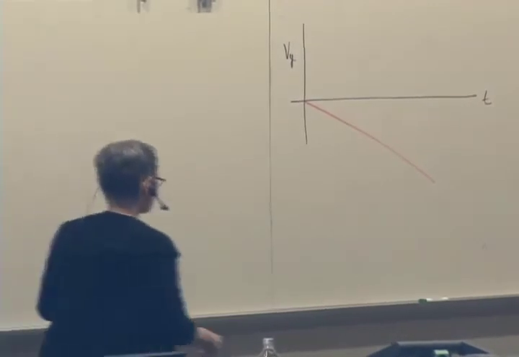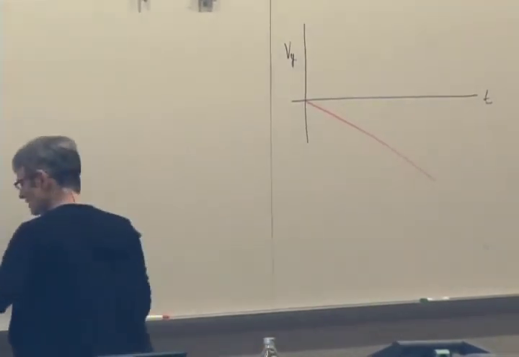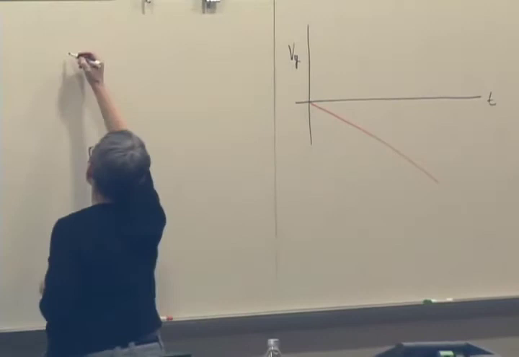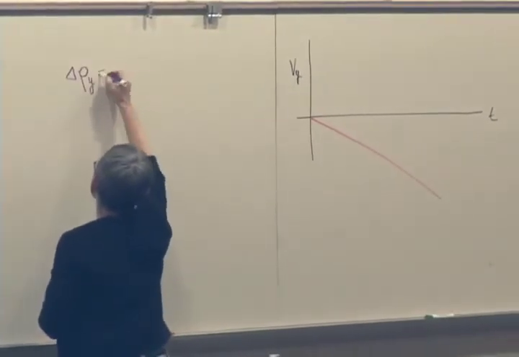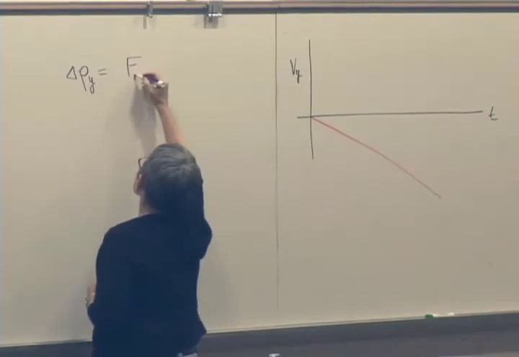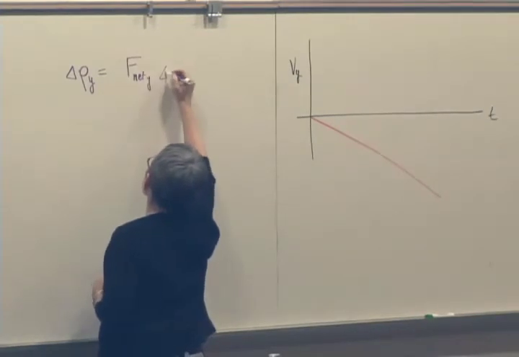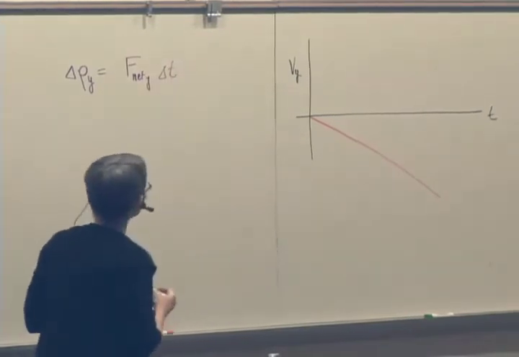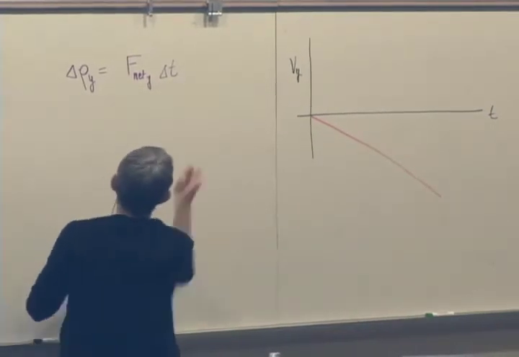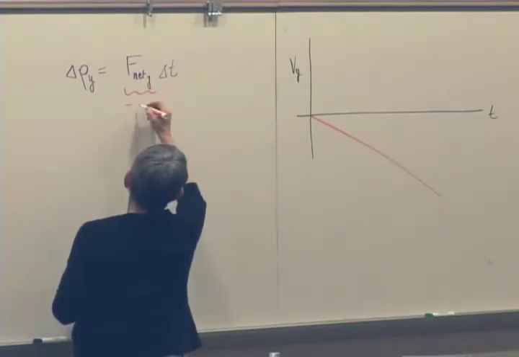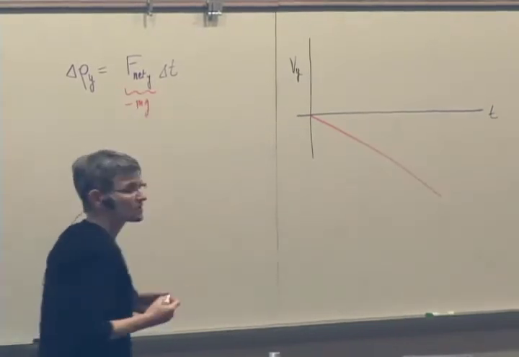Well, in every delta t, delta p sub y is F net y delta t. And if this gravitational force is a constant, this is going to be a minus mg, isn't it?